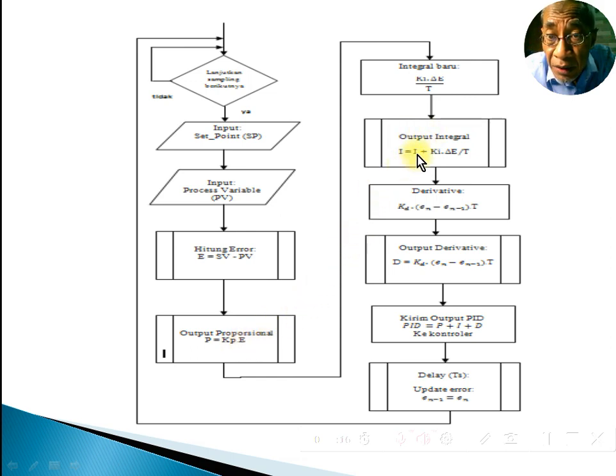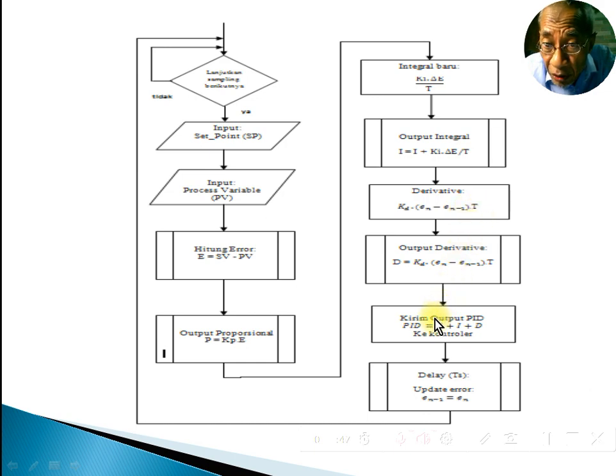Integral is the integral plus parameter Ki times delta error per period. To produce the derivative control, the derivative is the parameter Kd times error now minus error before, or error n minus 1, per period.